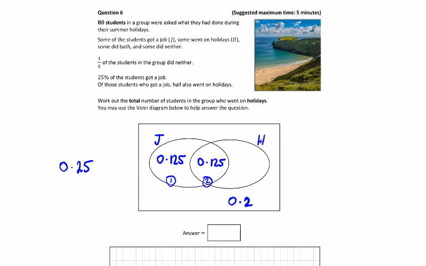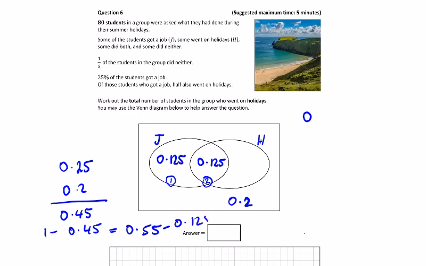So that's 0.25 and 0.2, 0.45. So 1 minus 0.45 is what's left, so there's 0.55 in holidays. And we already have 0.125 in there, so we need to take that away from 0.55.